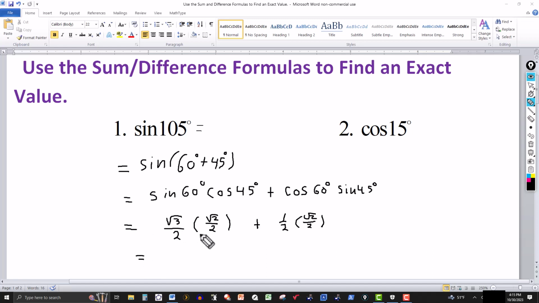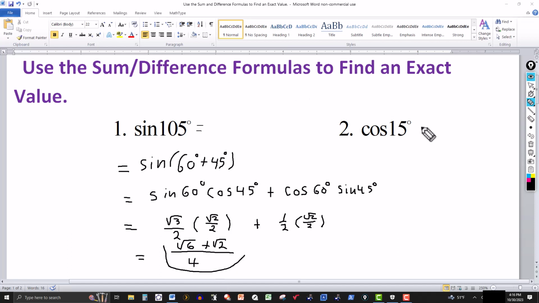Then we write this as 1 here. So 2 times 2 is 4. Over here, 2 times 2 is 4. So we have the same denominator, so we can put these together. And then radical 3 times radical 2, that's radical 6. And over here, 1 times radical 2 is radical 2. It's asking for exact value, so you leave the answer as the square root of 6 plus the square root of 2, over 4.